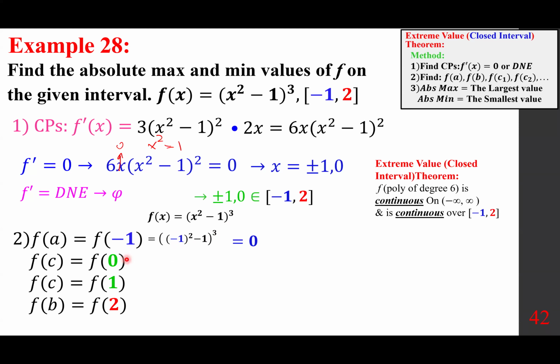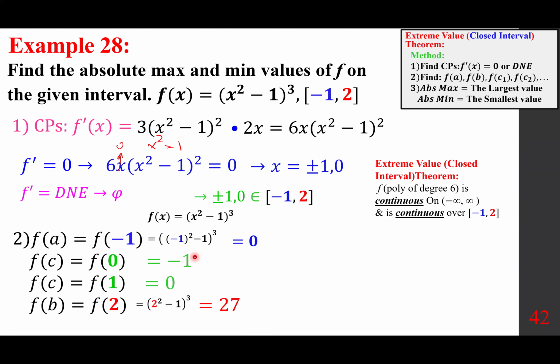If I put 0 here, this goes away. So -1 cubed or -1. If I put 1, 1 squared is 1 minus 1 is 0, so I get 0. If I put 2, 2 squared is 4, -1 is 3, cube it, 27.